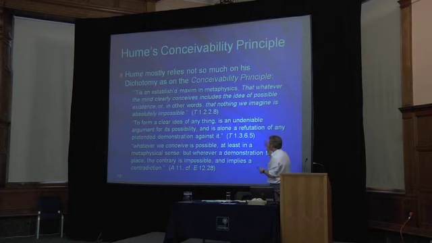To form a clear idea of anything is an undeniable argument for its possibility, and is alone a refutation of any pretended demonstration against it. Whatever we conceive is possible, at least in a metaphysical sense, but wherever a demonstration takes place, the contrary is impossible and implies a contradiction.